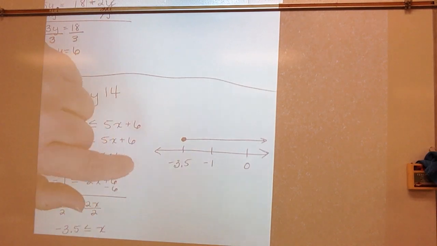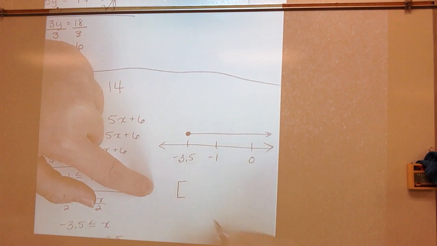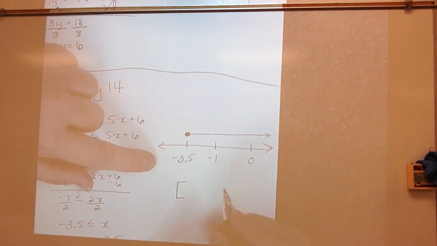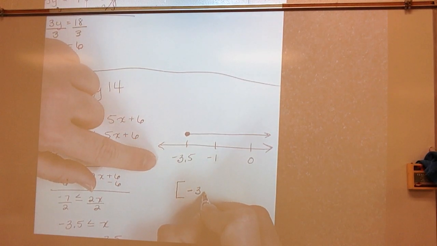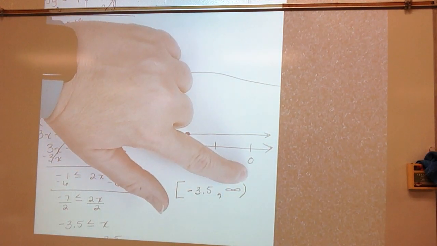So in order to write this, remember we said brackets include, and since it's greater than or equal to, I'm going to include negative 3.5, and it actually goes to infinity. And then I put a parenthesis here because infinity never stops.